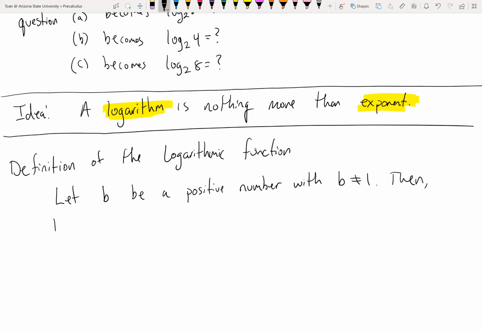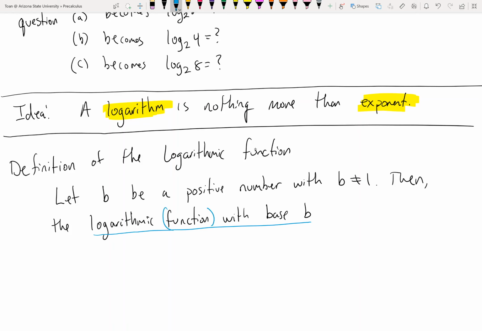Then the logarithmic function with base b. That phrase is how we pronounce it: the logarithmic function of base b. In a pinch, you can get rid of the word function, so you can just say the log with base b or the log of base b.